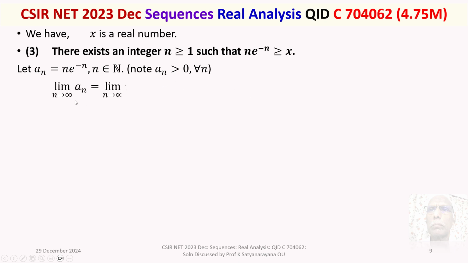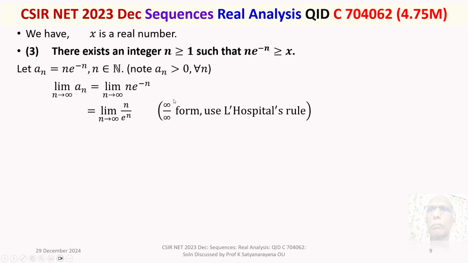The limit as n tends to infinity of a_n is the limit of n by e to the power n, which takes the infinity by infinity form, an indeterminate form. We use L'Hopital's rule to evaluate it: differentiate the numerator and the denominator, then apply the limit. The limit of 1 by e to the power n is 0.